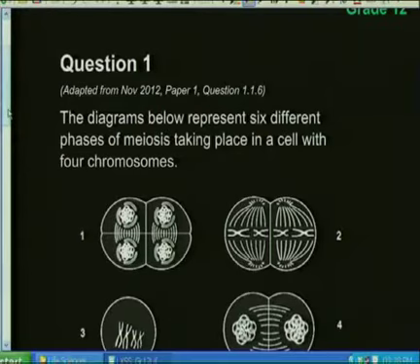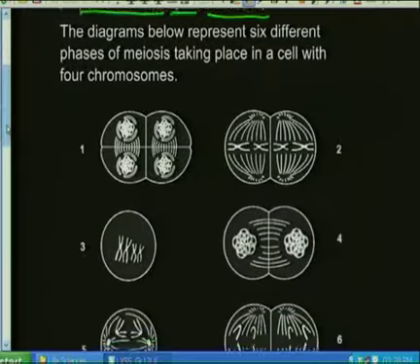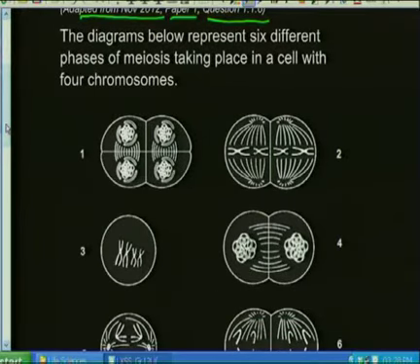The first question is taken from November 2012, paper 1, question 1.1.6. The diagrams below represent 6 different phases of meiosis taking place in a cell with 4 chromosomes, all important information.